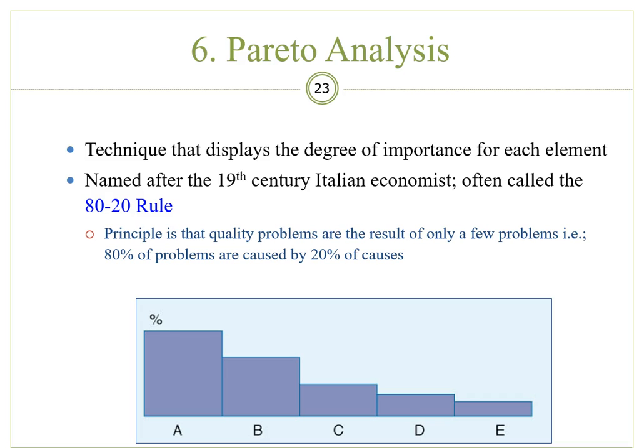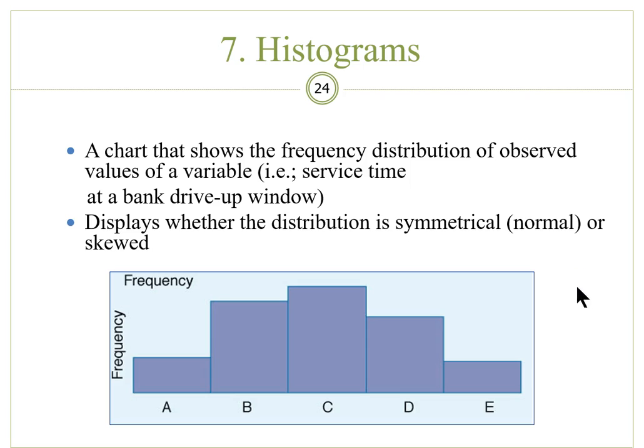Now, this concept has often been called the 80-20 rule. And in TQM, it states that most quality problems are a result of only a few causes. So with the Pareto analysis, you're really honing in on what the significant problems are, and then you're going to display the degree of importance for each element. So that's very important to understand.